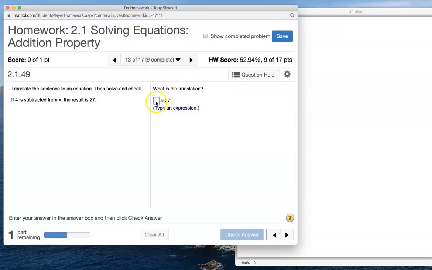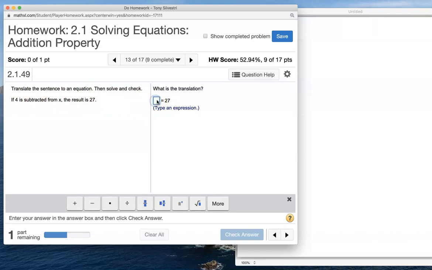What is the translation? The result is 27. They did half of it for us. If 4 is subtracted from X, subtract 4. A lot of people take it literally, 4 minus X, and that's not the case. You're not subtracting 4 from X, you're subtracting X from 4, the way that's written.